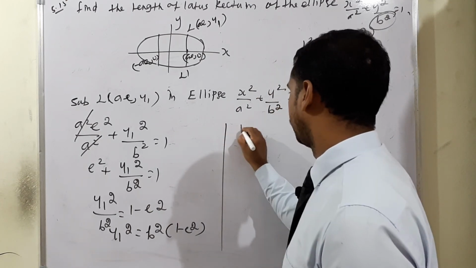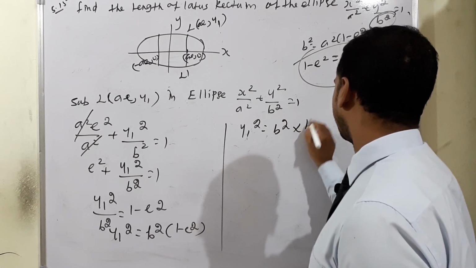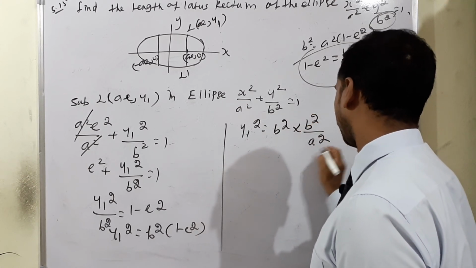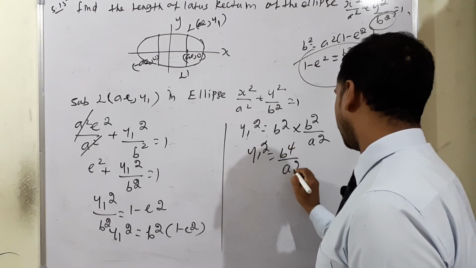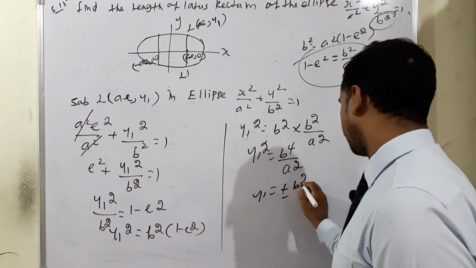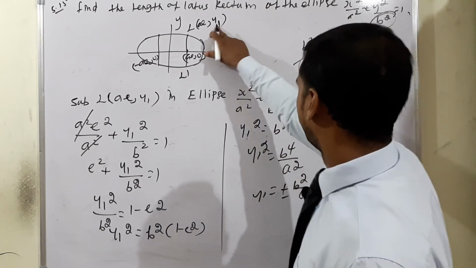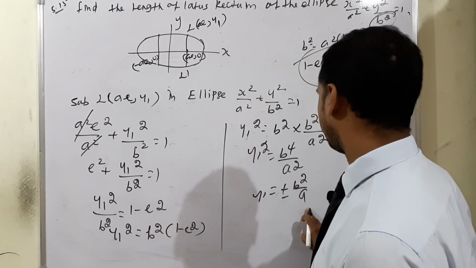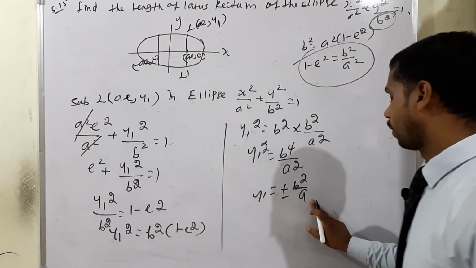So look at there, y1 square is equal to b square into b square divided by a square. Therefore, y1 square is equal to b power 4 by a square. Again y1 is equal to plus or minus b square by a. So instead of y1, first positive b square by a, and on the opposite side L dash means negative b square by a.